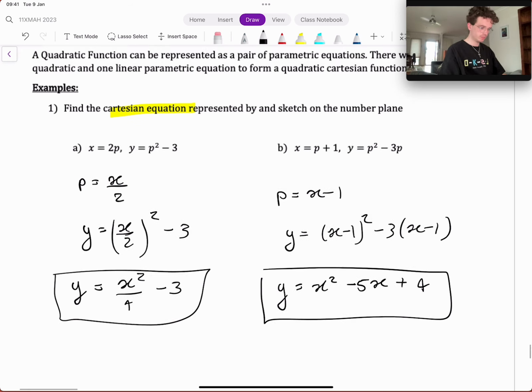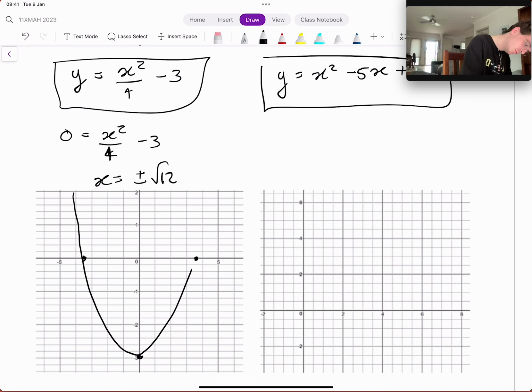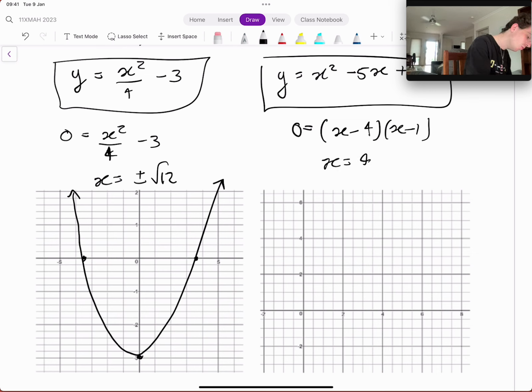Oh, and if we graph these, if we make that equal to 0, x squared on 4 minus 3, we're going to have x is equal to plus or minus the square root of 12. So that's like 3.4, I think. And we're down here at minus 3. This is the parabola. We solve that x minus 4, x minus 1, so x is equal to 4 or 1.